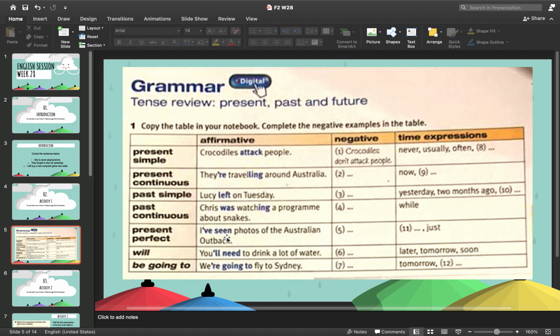Okay, so tambah dengan past participle verb. Nak tengok verb ni senang saja. Buka muka surat kedua akhir buku teks kamu. So kat sini, I've seen photos of the Australian outback. Saya sudah tengok gambar-gambar Australian outback. Alright, so tukarkan kepada ayat negatif dekat sini.